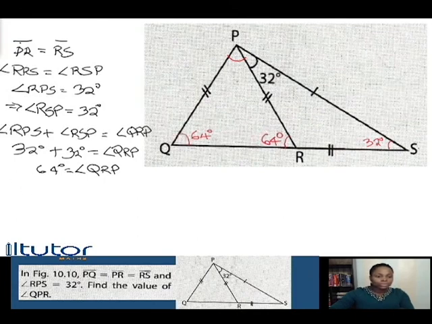So we have that angle QPR plus 64 degrees plus 64 degrees is equal to 180 degrees, the sum of angles in a triangle.